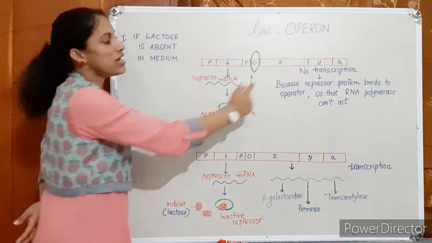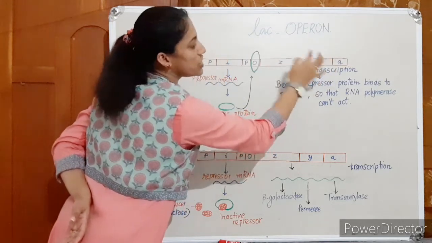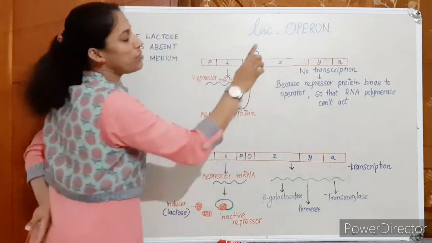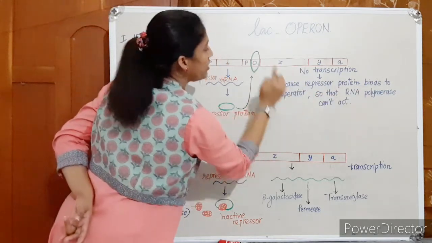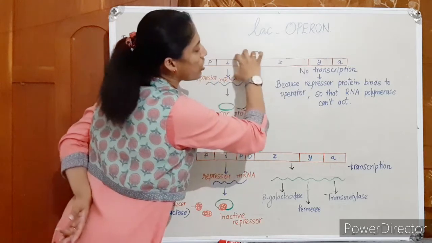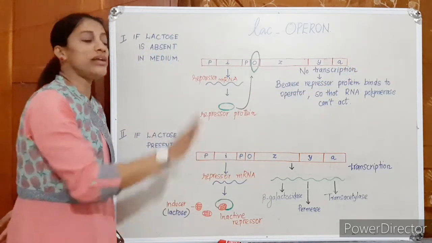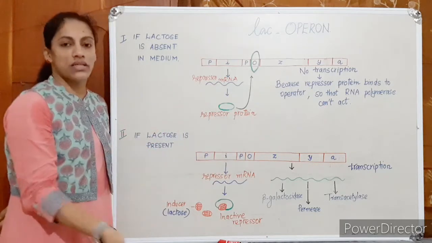Did you understand this? That means there is no transcription of the Z, Y and A genes. These genes are not transcribed because the repressor protein binds at the operator so that this enzyme cannot move ahead and cannot do the transcription.